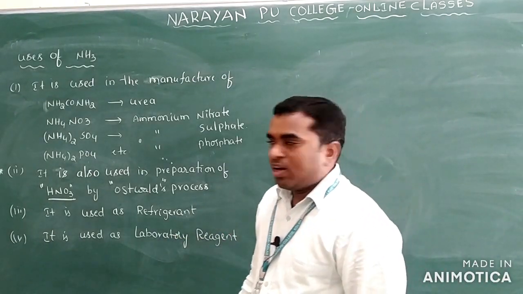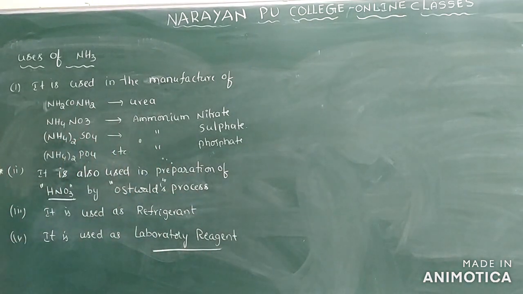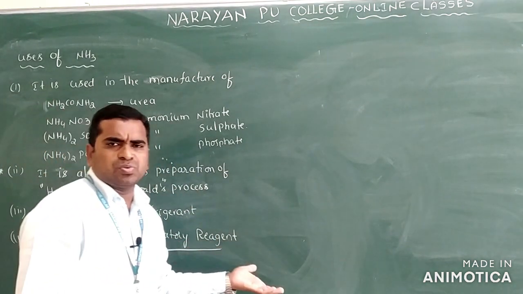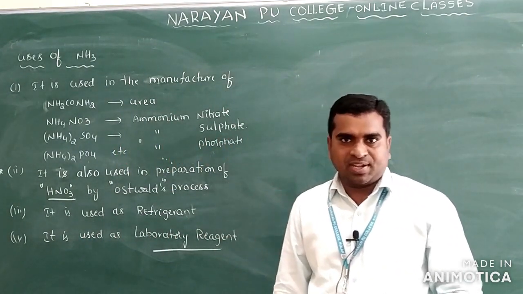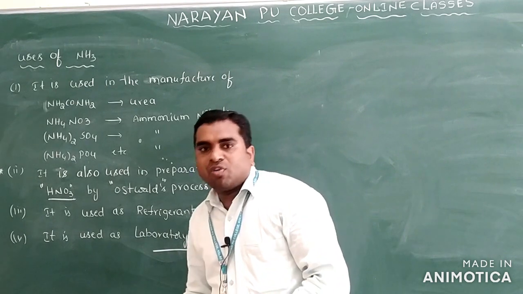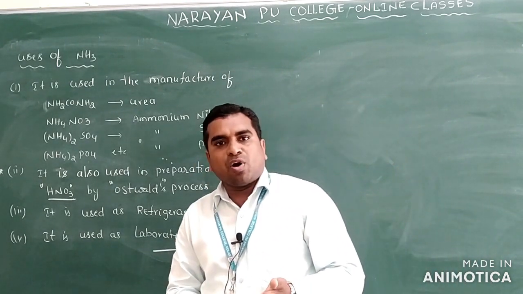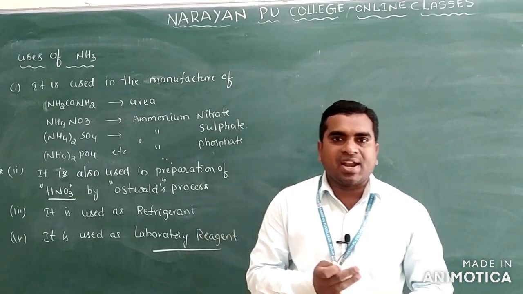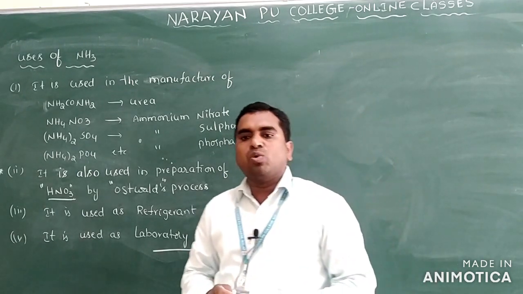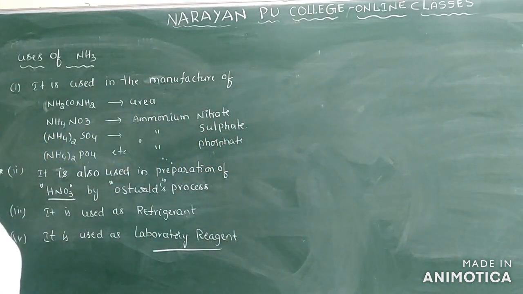As a lab reagent we use ammonium hydroxide solution. So these are the uses of ammonia. We have completed the preparation of ammonia, structure of ammonia, physical properties, chemical properties and uses. Next we will go for the oxides of nitrogen.